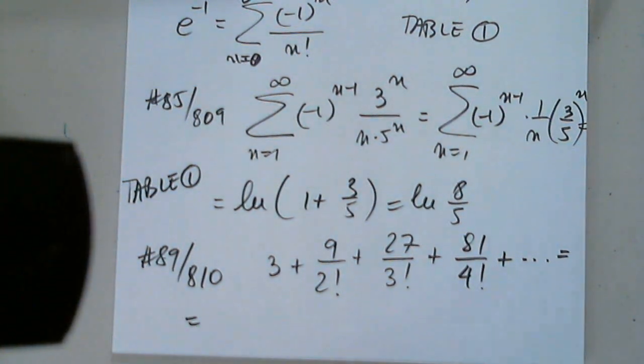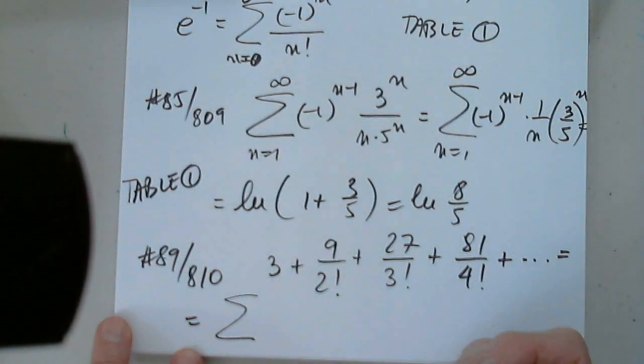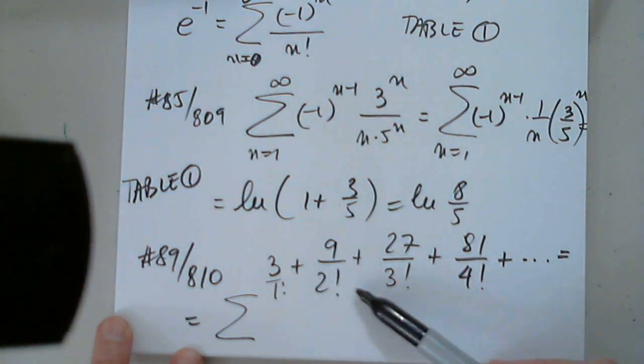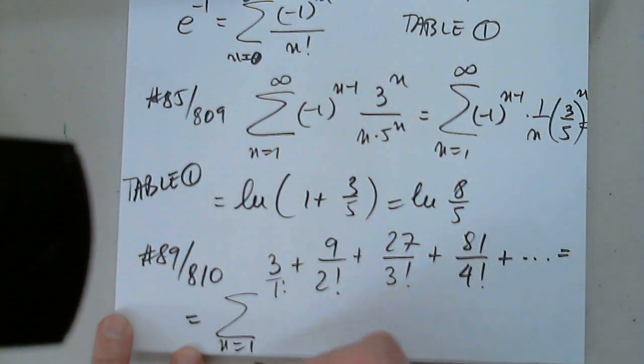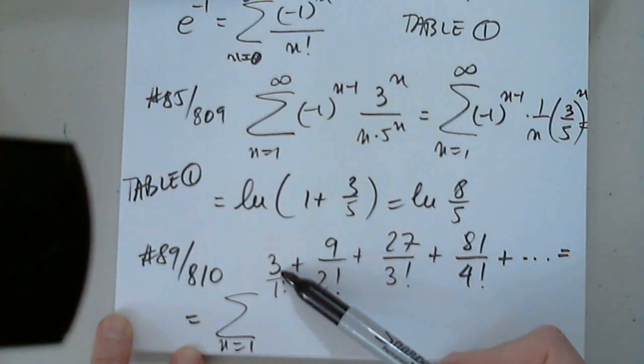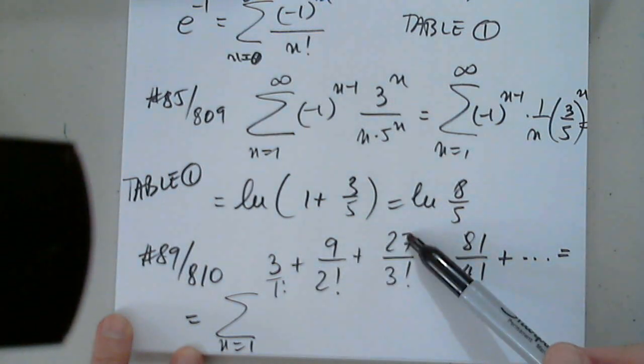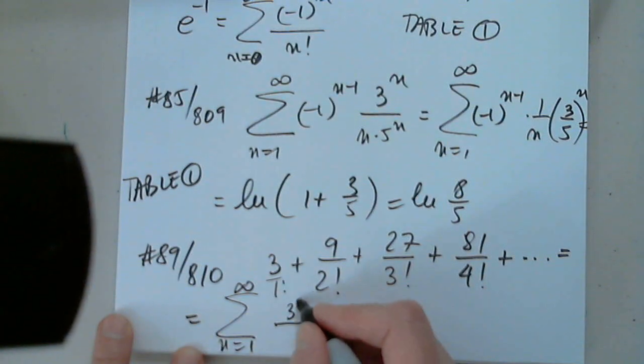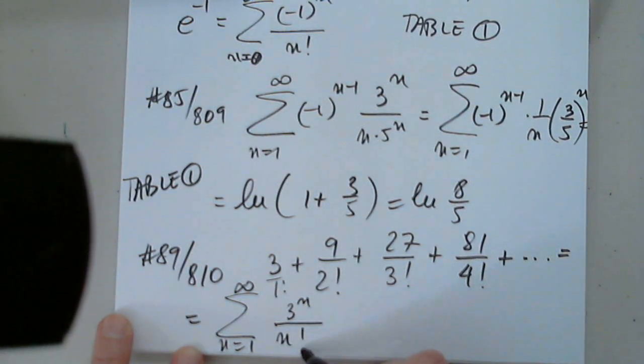So first of all, let's see how this looks. Now notice that this is 1 factorial, so 1, 2, 3, 4. I'll start at 1, and this is 3 to the first power, 3 to the second, 3 to the third, 3 to the fourth. So let's write it as the sum of 3 to the nth power divided by n factorial.